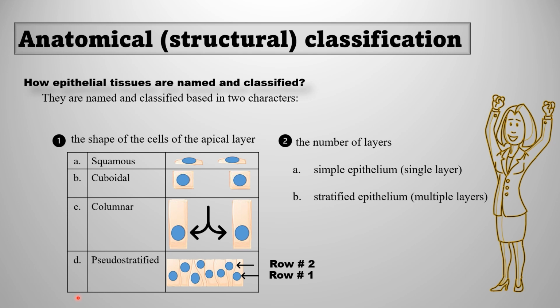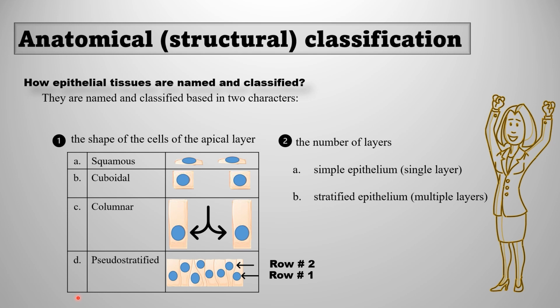Why? Because the function of this cell is to allow relaxation and distension. It could easily tolerate the distension by changing its shape, and the distension is due to the organ having the ability to distend.